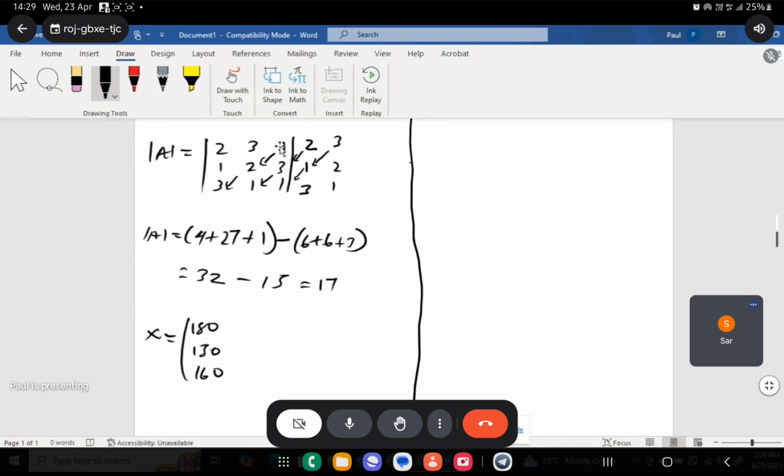So we repeat 3, 2, 1, 1, 3, 1. Please, do you understand? Yes. But because it is determinant that we are finding, we repeat the first two. So here becomes what? 180, 150, 160, and what? 3, 2, 1.